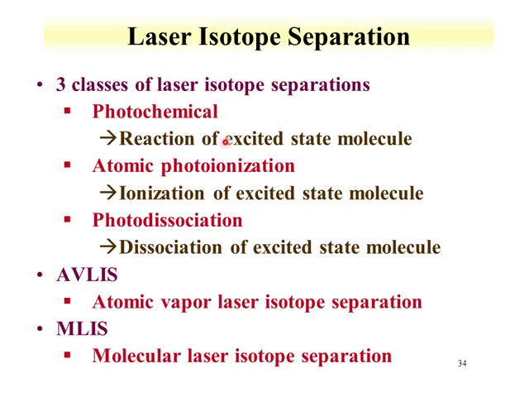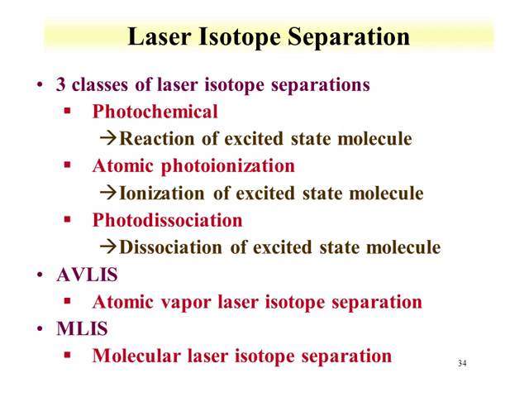There's three classes of laser isotope separation: photochemical, atomic photoionization, and photodissociation. The photochemical is a reaction of an excited state of the molecule, so that the molecule that's preferentially excited, that isotope will have a different excited state that can be reacted.